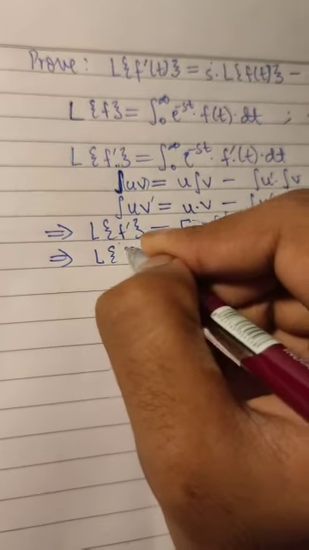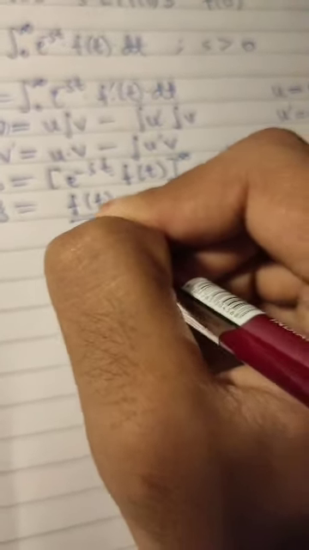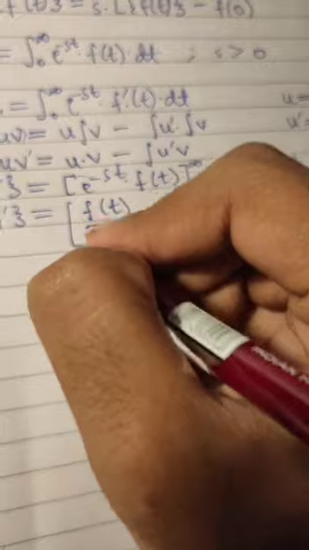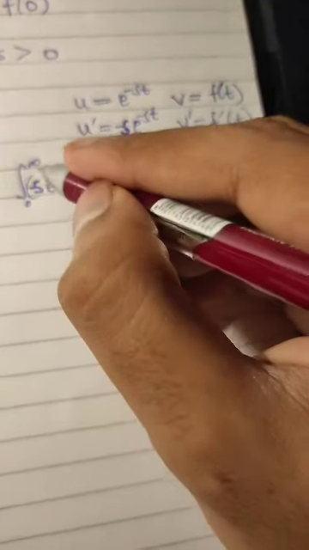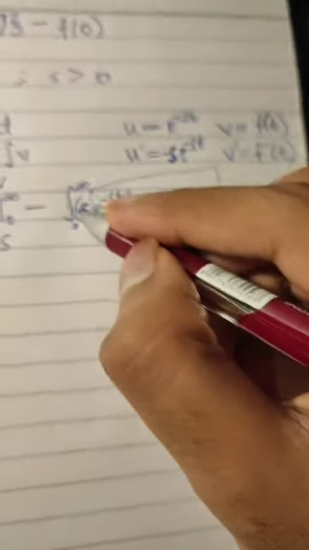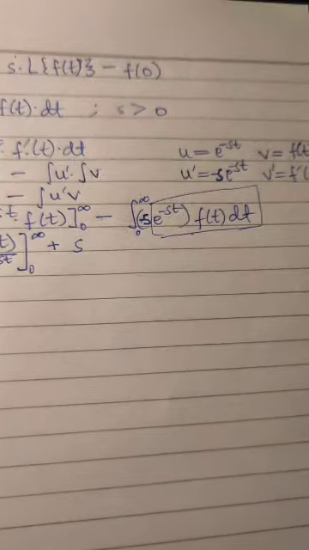To simplify this further, if you look carefully, the negative sign goes here and multiplies with the other negative sign, and we get a double negation, which means positive.